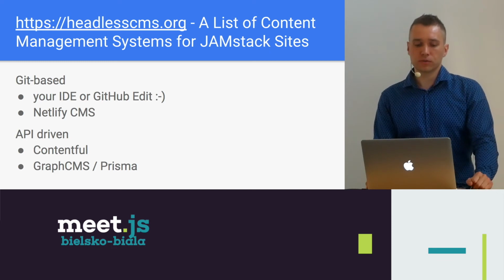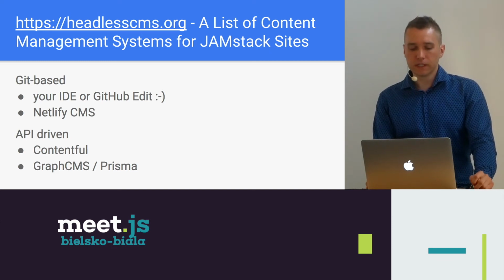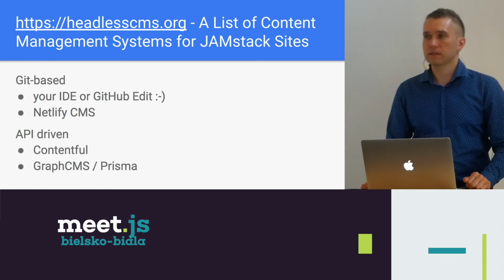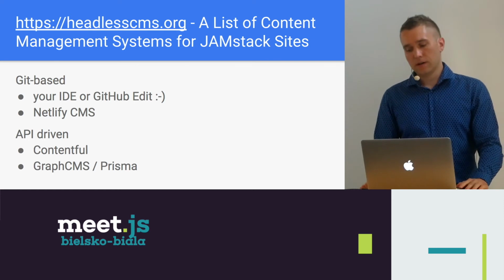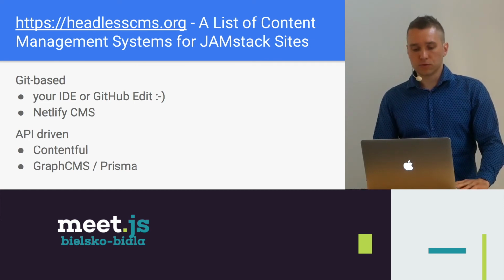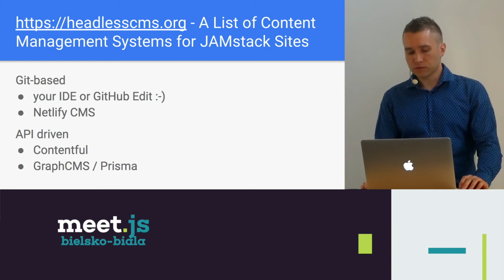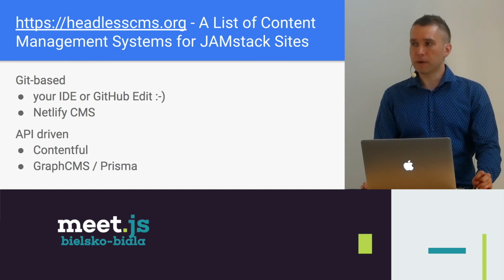The second way to do it is to use an API-driven solution. The most popular is Contentful. It's a really highly used solution that provides a CMS with a nice REST API. There's also a European startup, Graph CMS, which is based on Prisma.